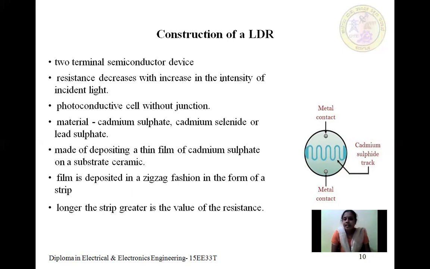The LDR is made by depositing a thin film of cadmium sulfide on a ceramic substrate. The film is deposited in a zigzag fashion in the form of a strip. Longer the strip, greater is the value of the resistance.